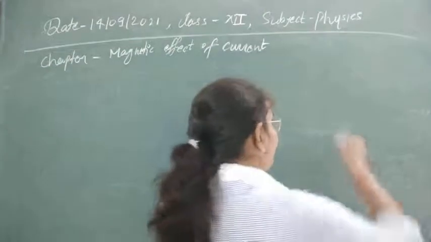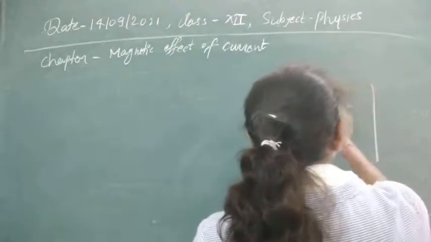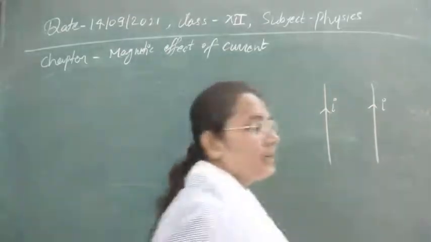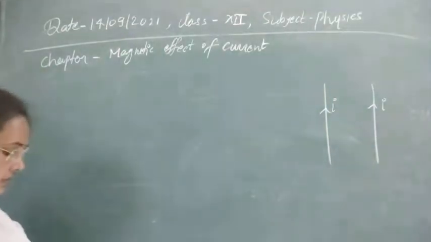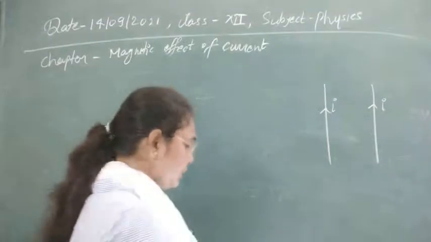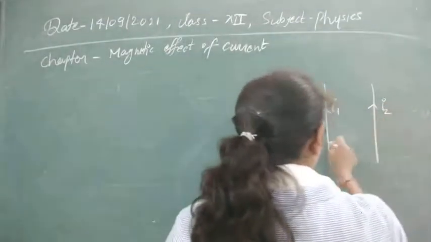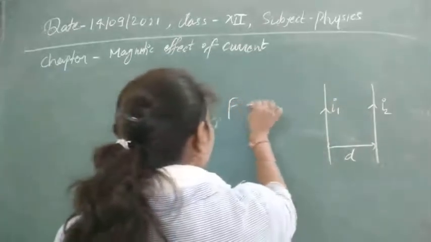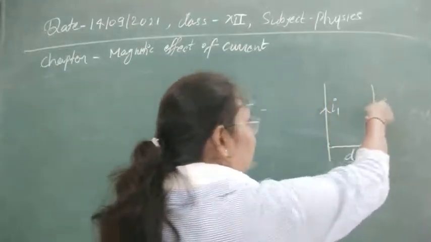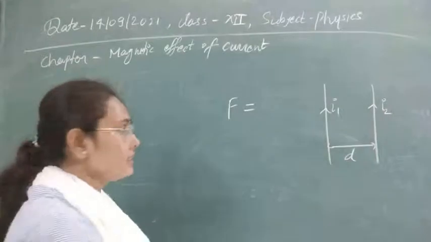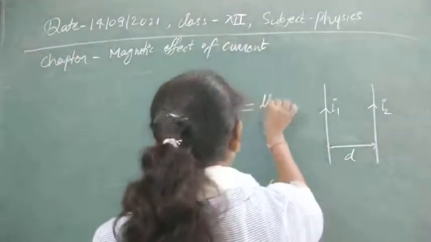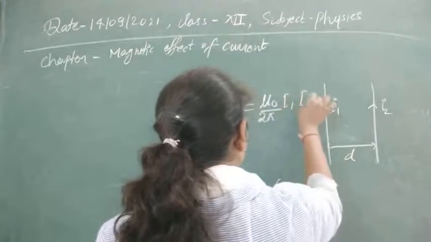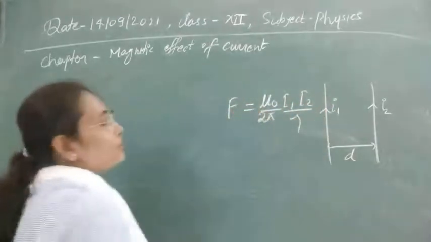As you know, whenever two wires are parallel to each other and carrying current in the same direction, some force is produced. If I1 current and I2 current are flowing and R is the distance between them, then the force of attraction on the other is given by mu 0 upon 2 pi I1 I2 upon R, and this is force per unit length.